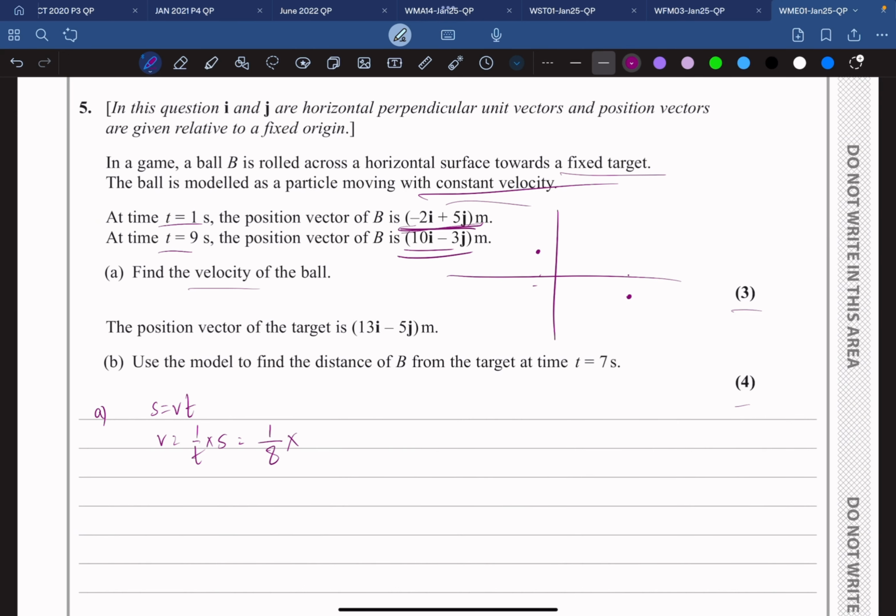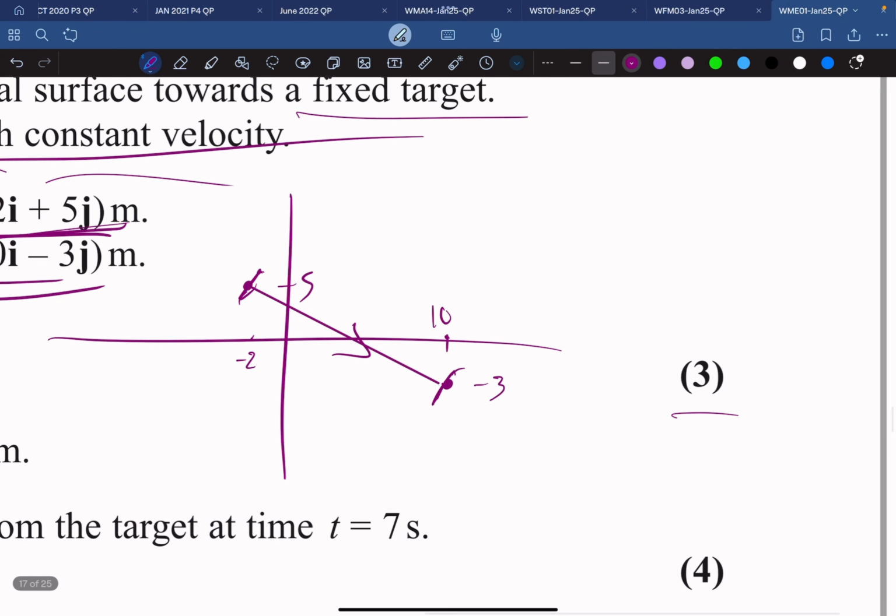This is minus 2, this is 5, and this is 10, and this is minus 3. This looks very awkward, but yeah. So we're essentially moving from here to here. Okay? That is what we're doing. And we're really concerned about this displacement vector. How do we actually find this vector out? Well, let's just show you how we can do that.